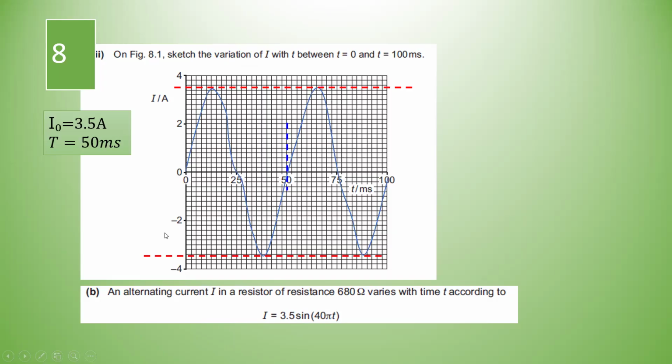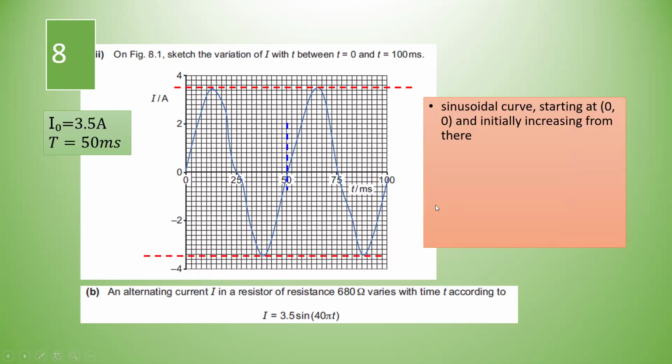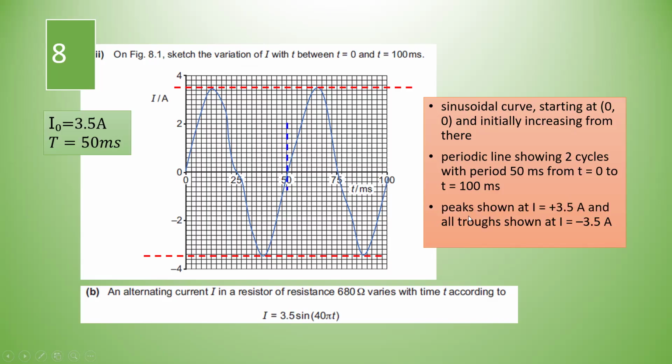They are looking for a sinusoidal curve starting from 0, initially increasing from there. They're looking at the period, 50 milliseconds, and then another cycle, 2 cycles, peak at 3.5, trough at minus 3.5. That's how we get the 3 marks.